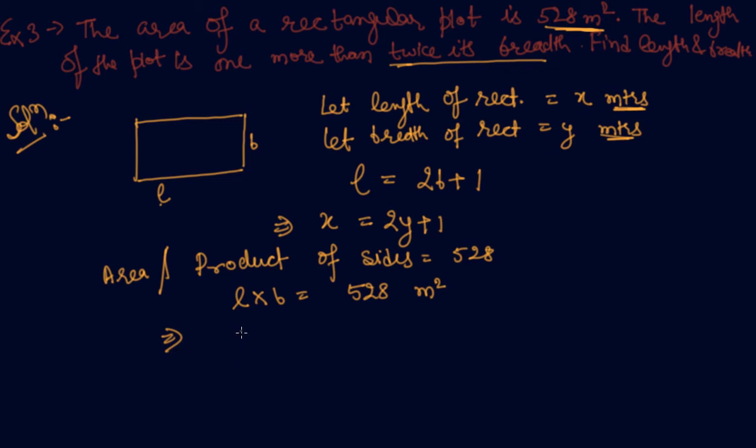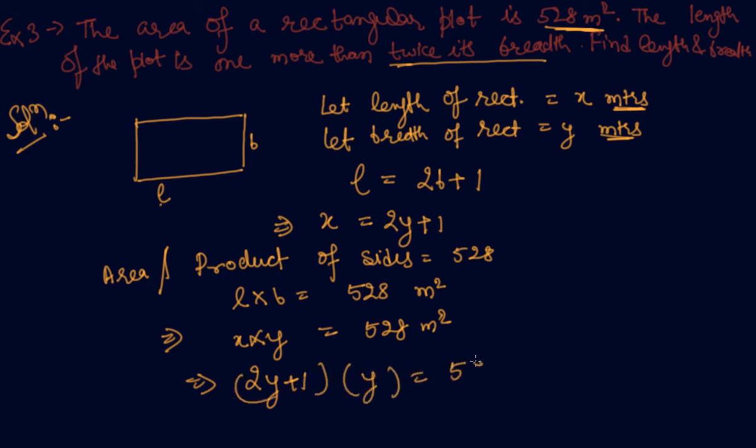So we can put L into B as x into y. In our case, this is 528 meter square. So we can put the value of x in terms of y. This is (2y plus 1) into y equal to 528 meter square. Okay.